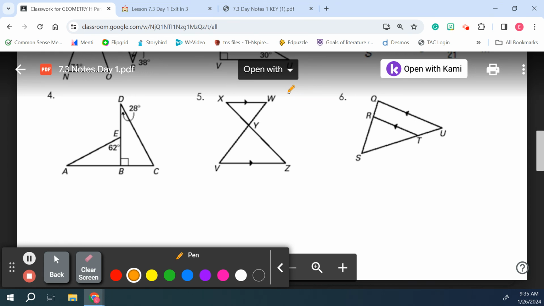All right, let's check out those parallel lines. So if we are looking at this triangle and then the whole triangle, that's important to note, okay? And then we're just going to focus in on these 2 parallel lines. What angles are going to be congruent here? McKenna, what do you think?